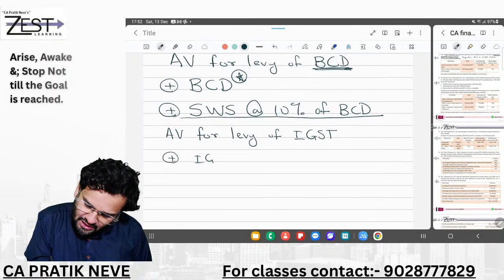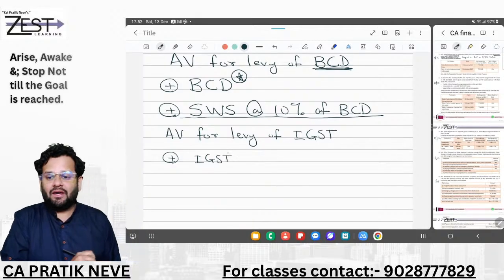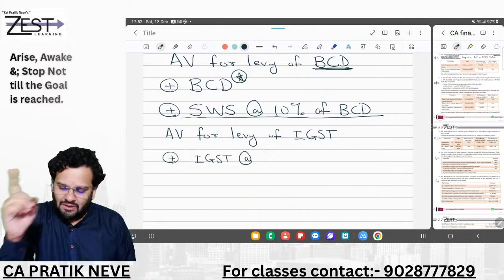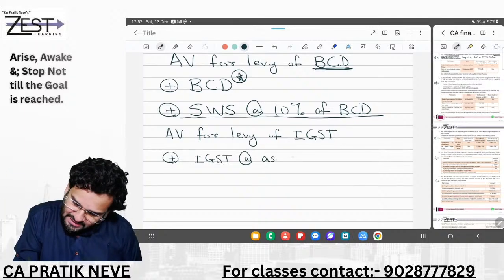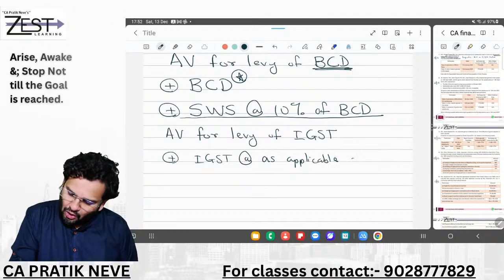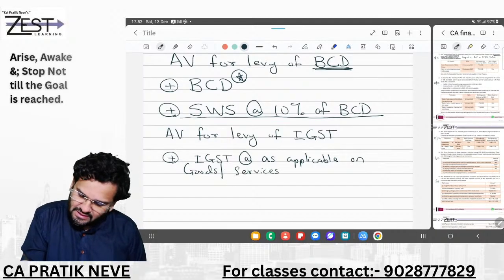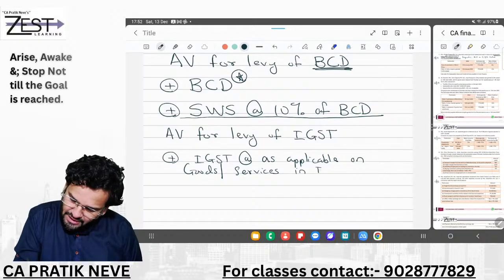Okay, IGST will be at the rate as applicable on goods or services in India.